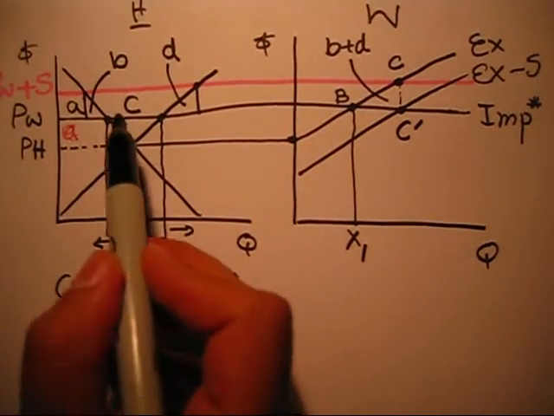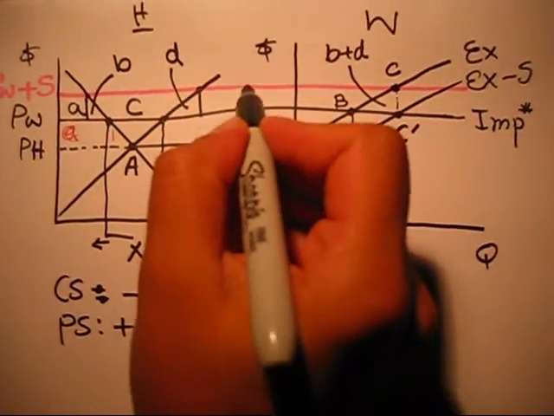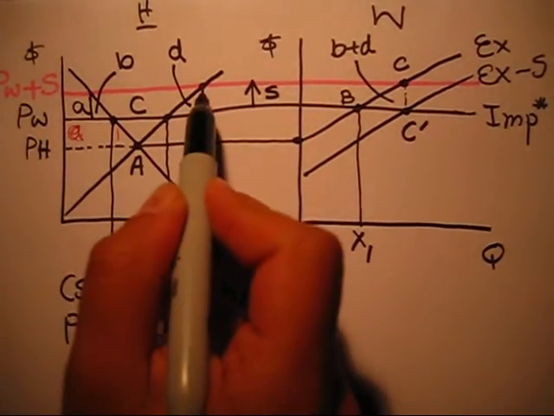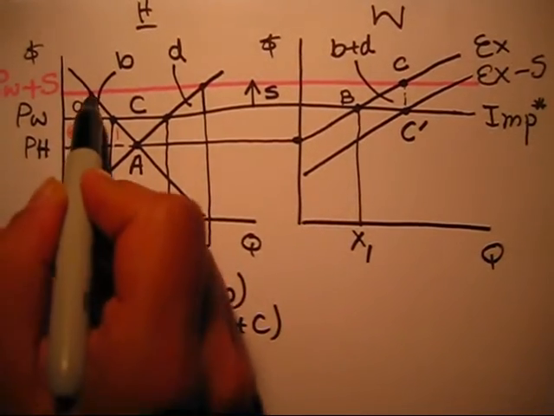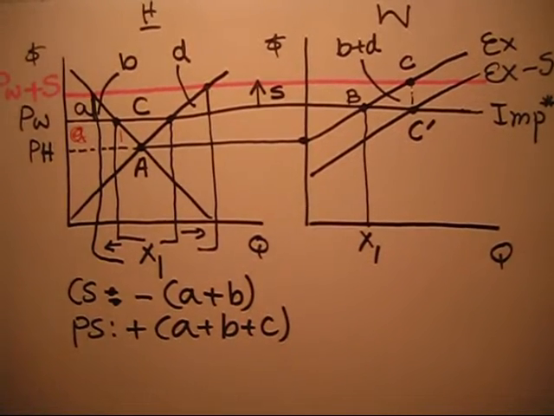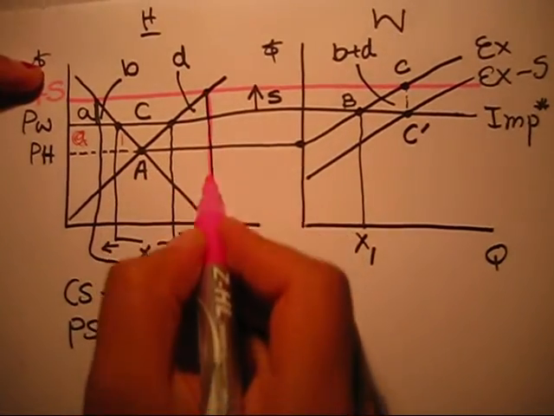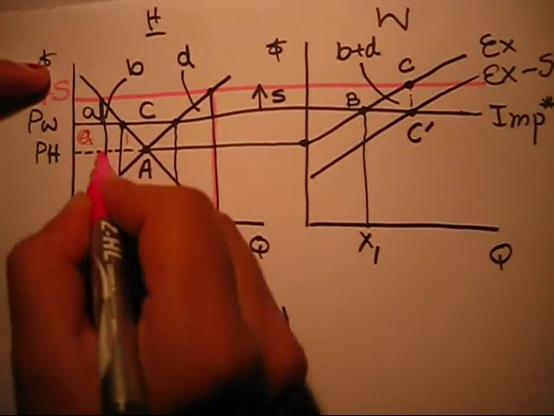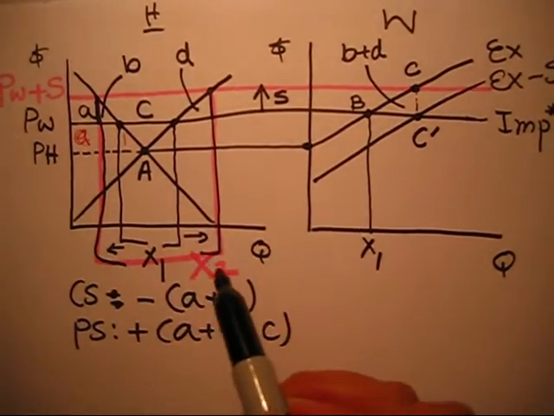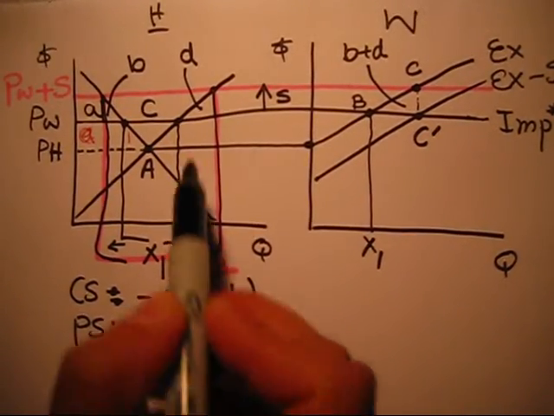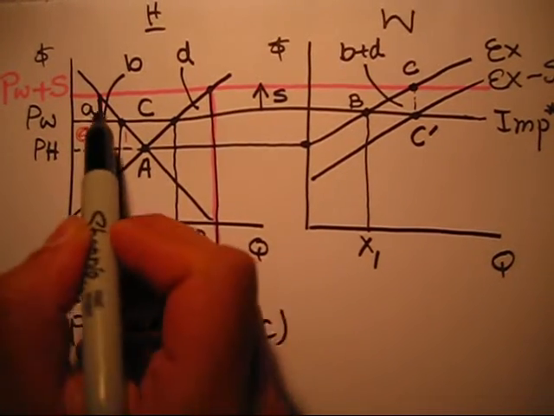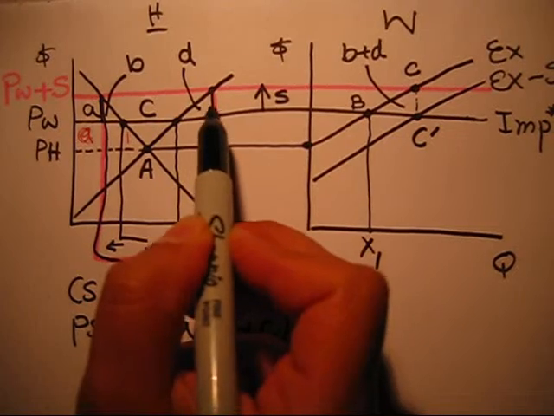The home government gives subsidy, this height is the subsidy, times exports. This is the new export quantity after subsidy. I'm going to call it this whole line. This is X2. So the government's cost is X2 times the subsidy itself.